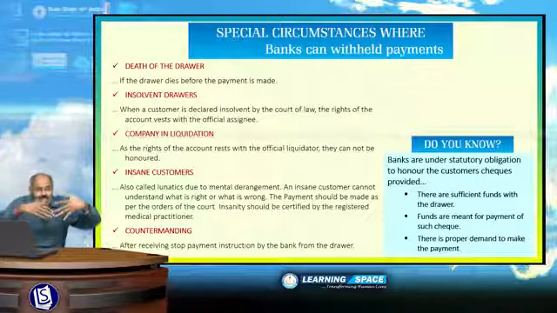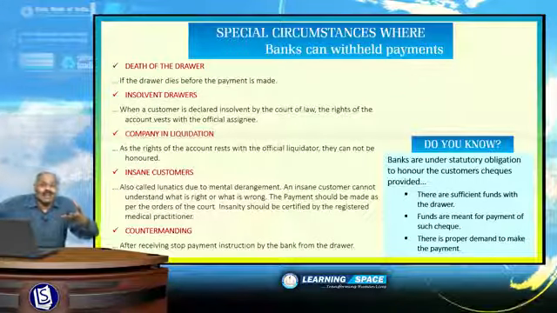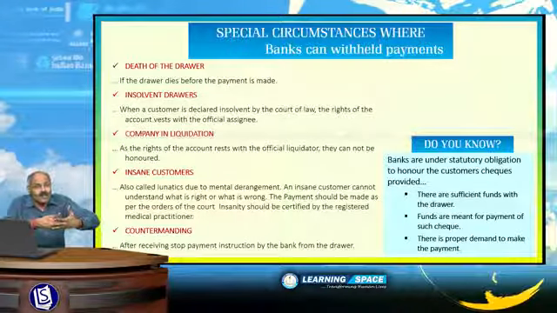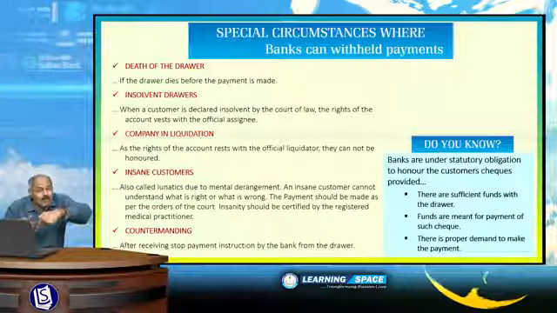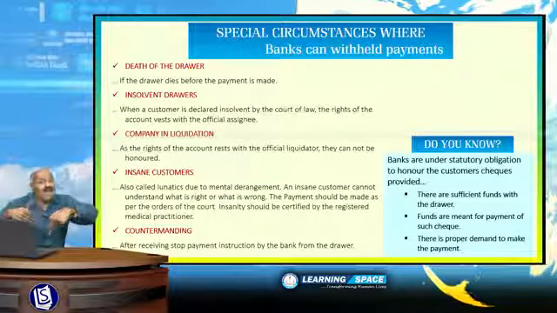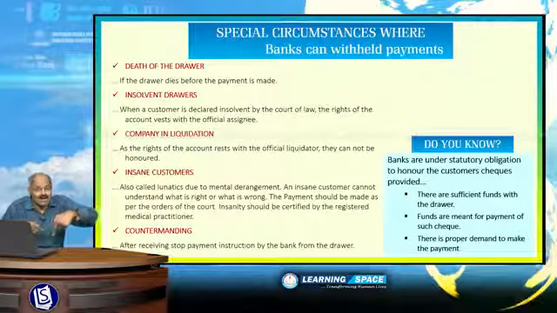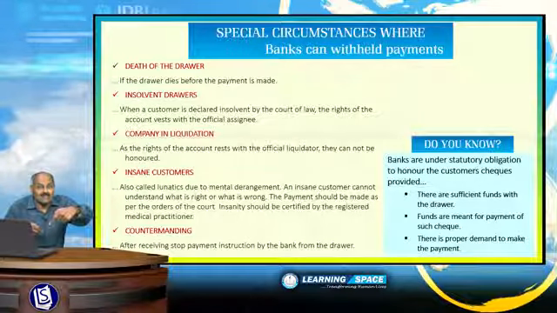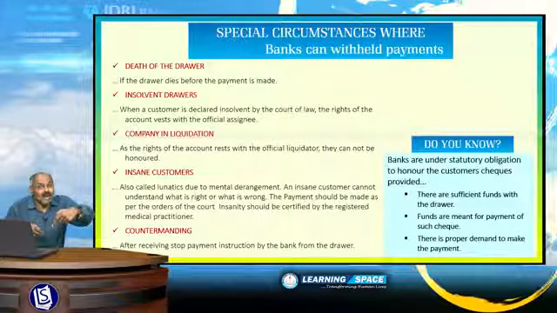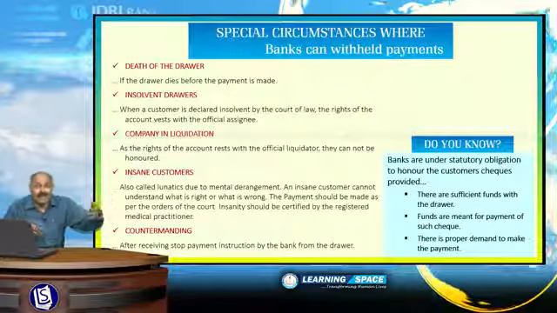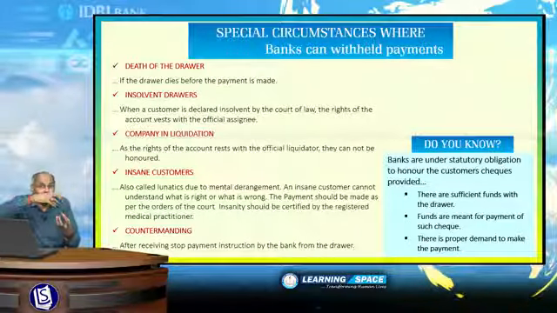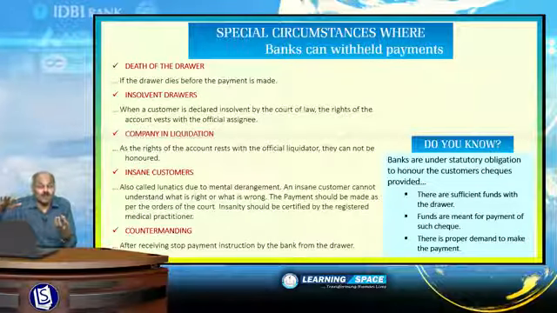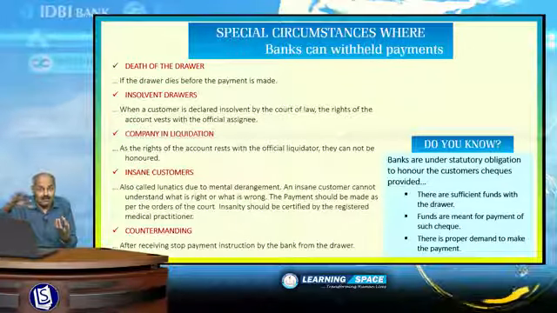Under those circumstances, court can declare him as insolvent, and when he is declared as insolvent, then official assignee will be nominated by the court and bank account cannot be operated. That means when a person is declared as insolvent, then that account cannot be operated, and when the account holder gives a check under those circumstances, it cannot be honored by the bank.